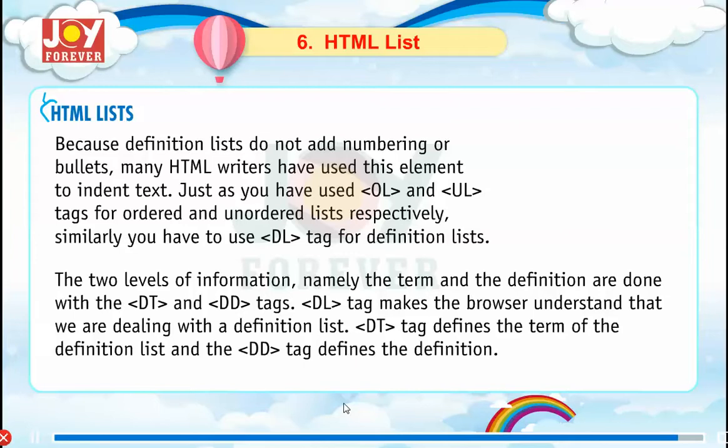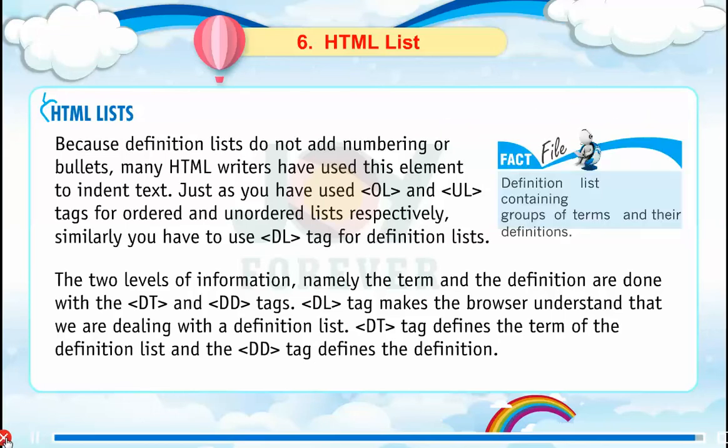The DL tag makes the browser understand that we are dealing with a definition list. The DT tag defines the term of the definition list, and the DD tag defines the definition. Fact file. Definition list containing groups of terms and their definitions.